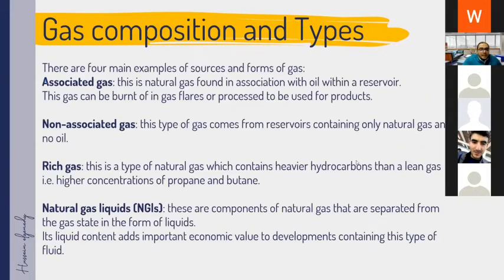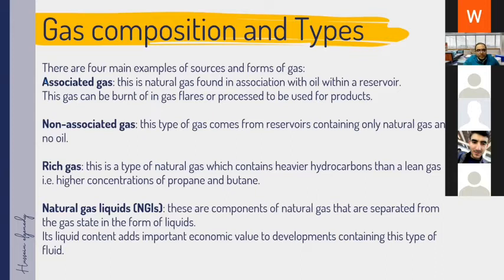There are two types of reservoirs of natural gas. The first one is the associated gas, and the second is the non-associated gas. The associated gas exists with the crude oil.